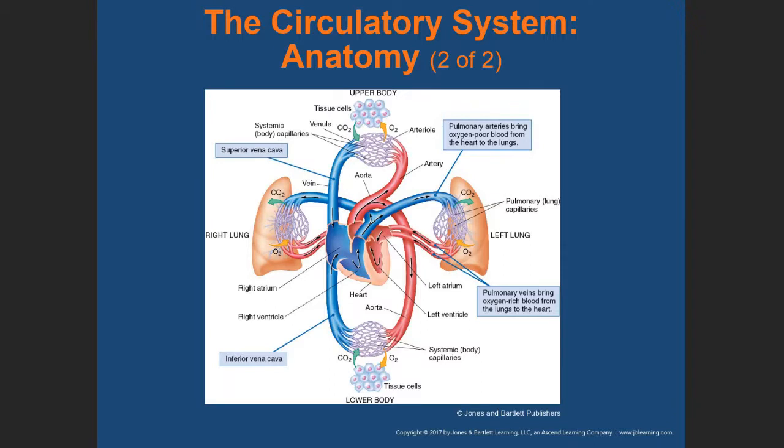Now, the heart muscle, just like the lungs, has a membrane. So the heart muscle has a membrane around it, right? And that membrane has an inner portion and an outer portion, just like the lungs.